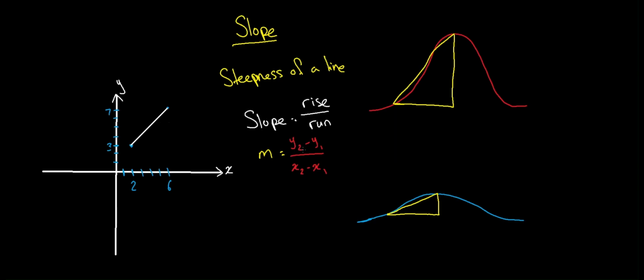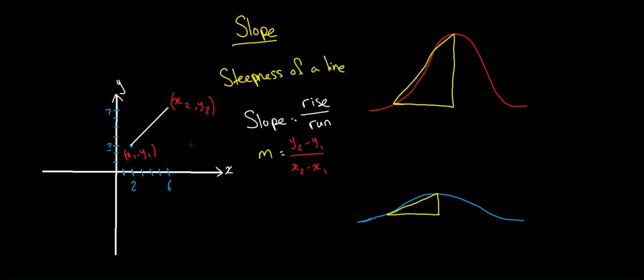And what this is trying to say, y2 minus y1, well, what is that? Well, if I just called (2, 3) x1 comma y1, and right over here, this was x2 comma y2, always include the parentheses.